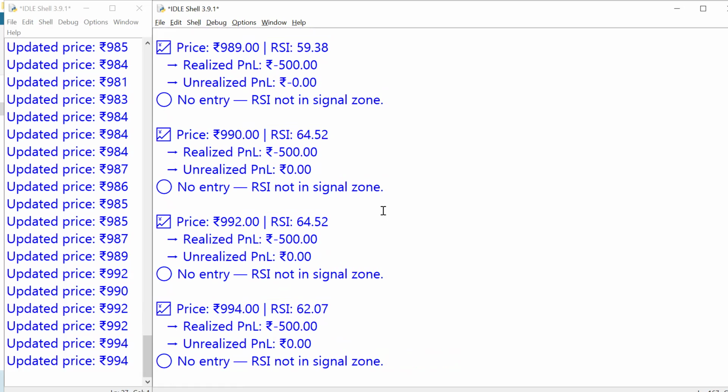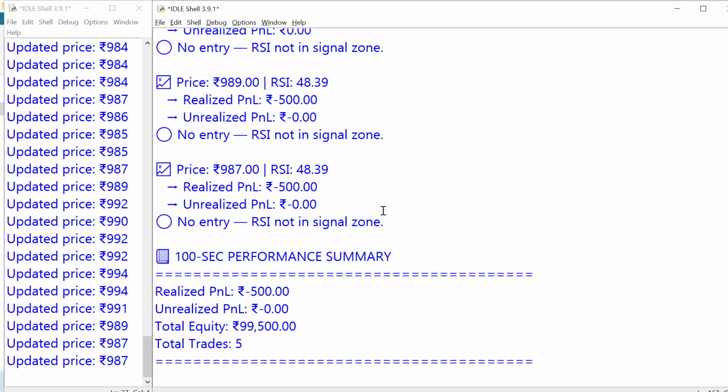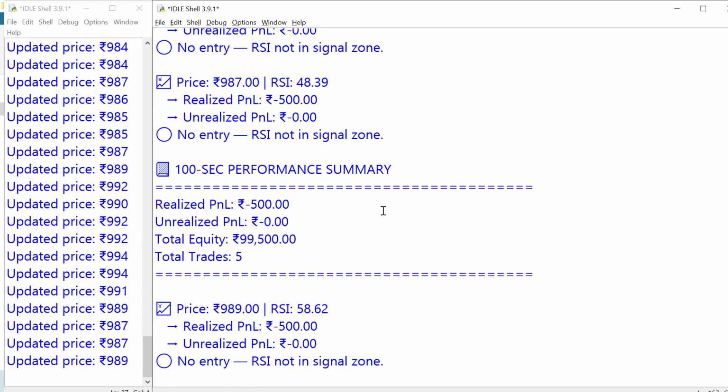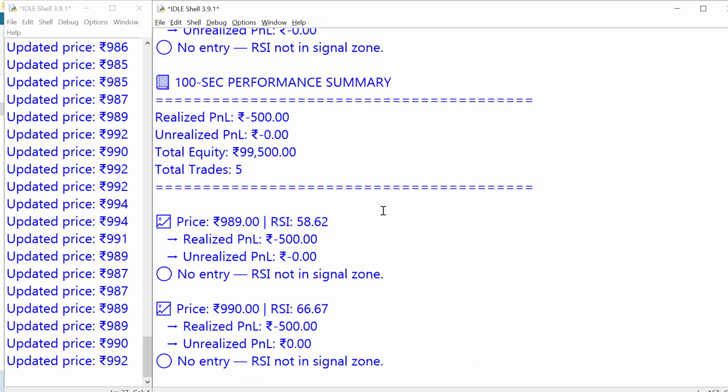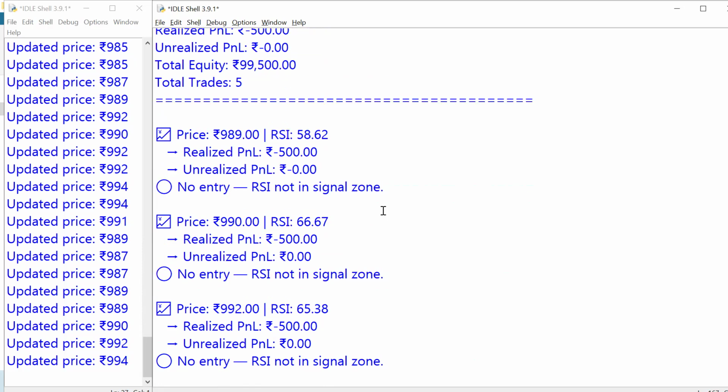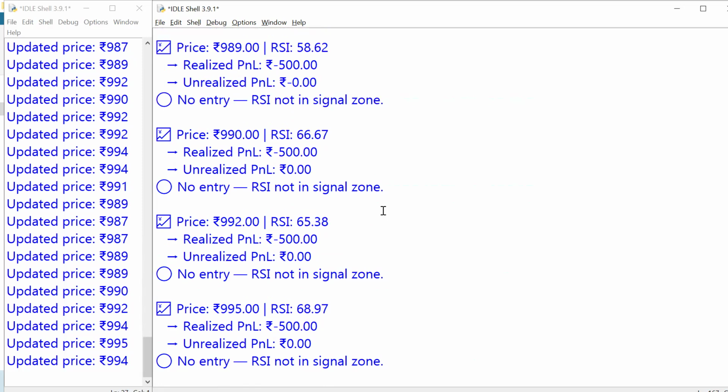So if I increase that speed, you cannot even see what is happening and changing in the price. We are still in a loss, but it's completely okay. 5 trades we have taken. The RSI signal is waiting for the entry. RSI is 66, 65. The logic is RSI should go above 70, then only the short entry might be taken.